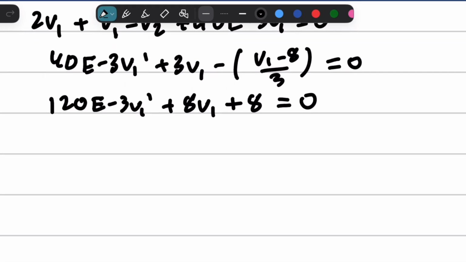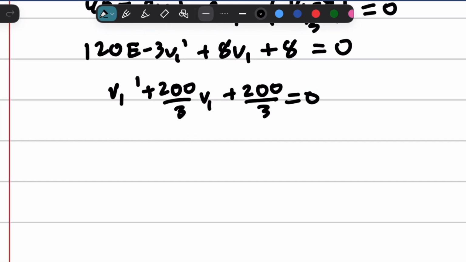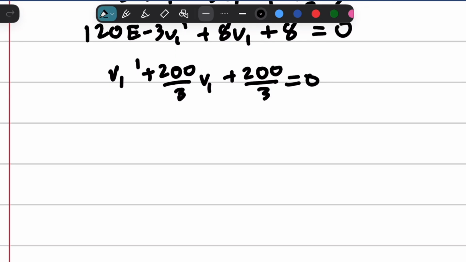Alright, and once we've simplified this all out, we're going to get V1 prime plus 200 thirds V1 plus 200 thirds equals 0. Once again, it is a non-homogeneous equation, and we will have a homogeneous solution, which is just the same thing. K1 e to the negative 200 over 3t.